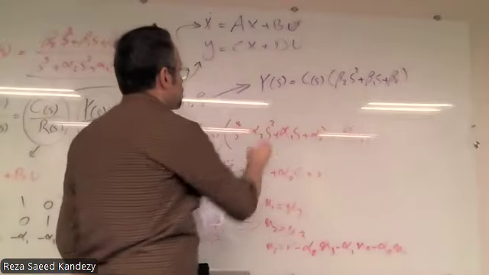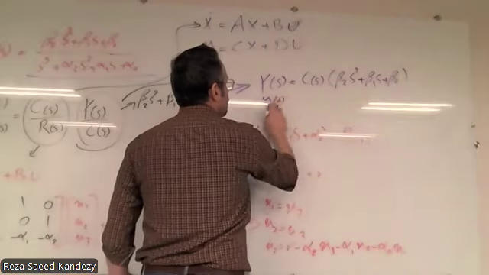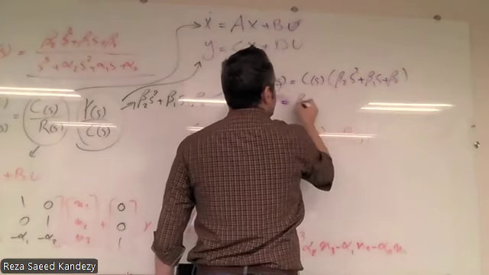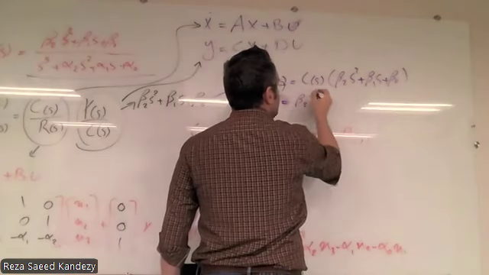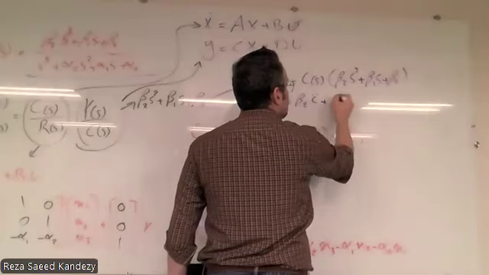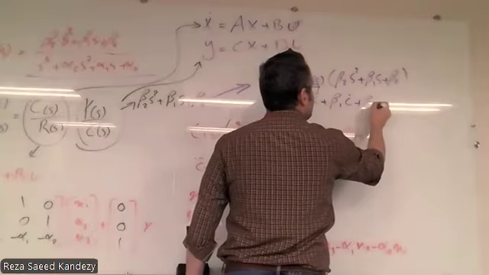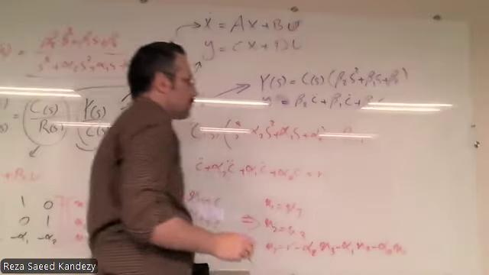Time domain of that is going to be y of t, or let's ignore the t. This is beta 2 C double dot plus beta 1 C dot plus beta 0 C.